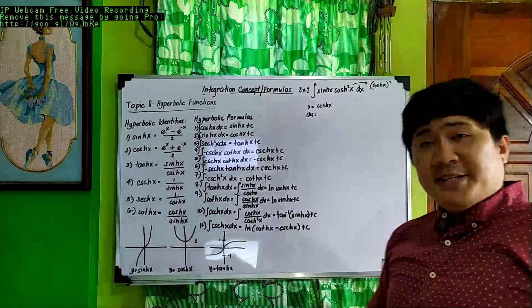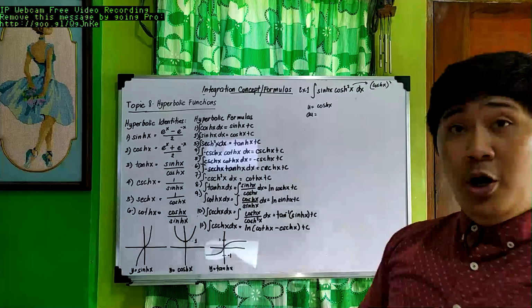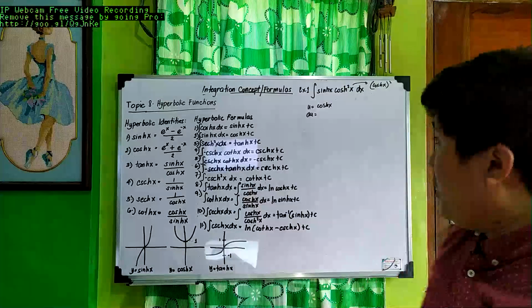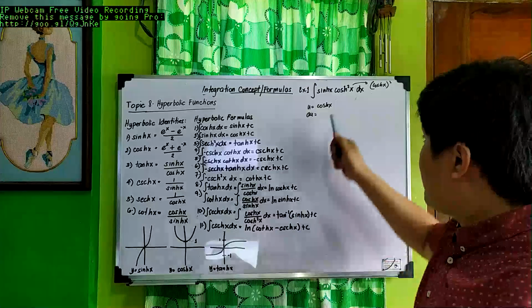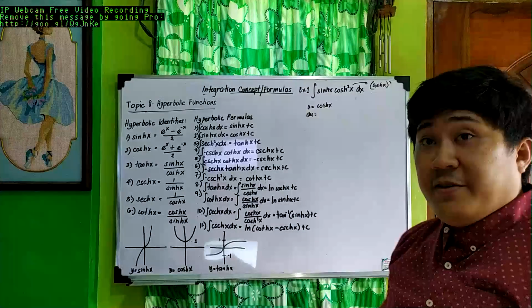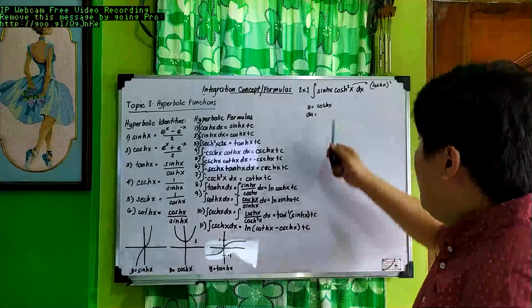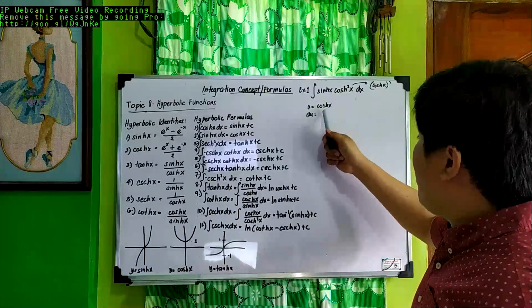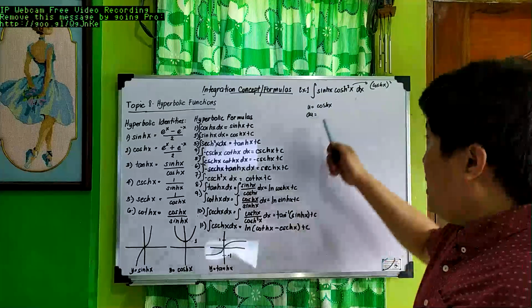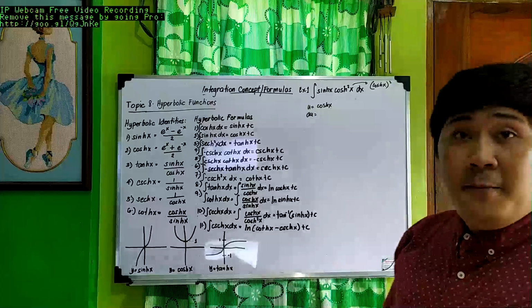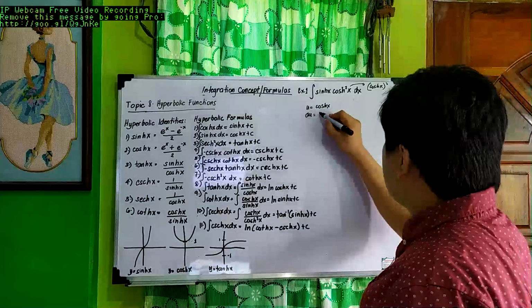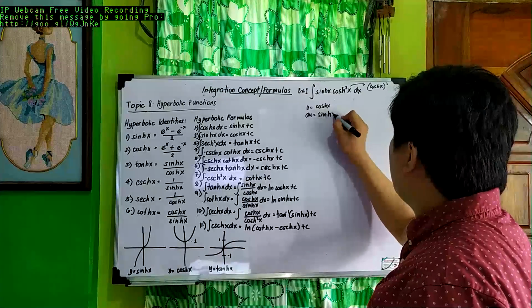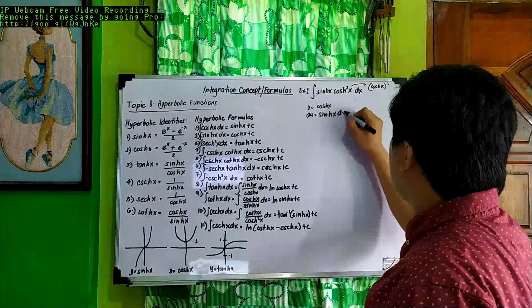If you say that is negative sine hyperbolic, that is wrong. In hyperbolic, when you derive cosine, that's still positive. When you derive sine, that is still positive. Compared to trigonometric, the derivative of cosine is negative sine, right? But in hyperbolic, that is still positive. Okay? So that is sine hyperbolic x dx.